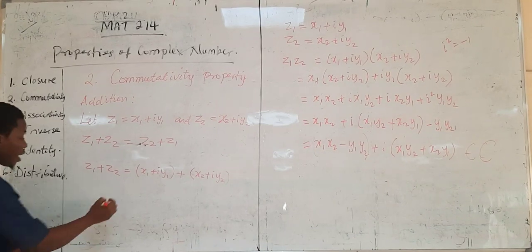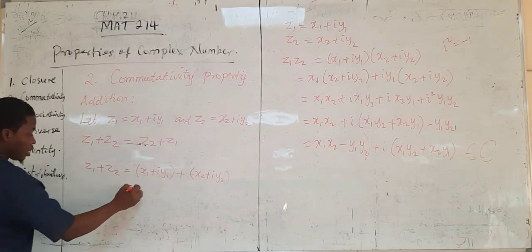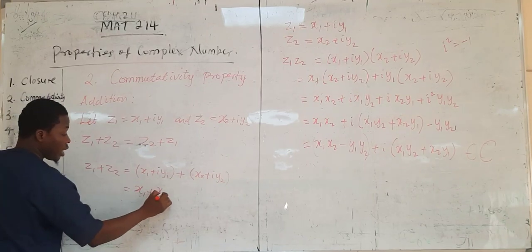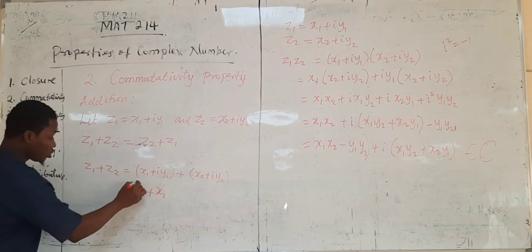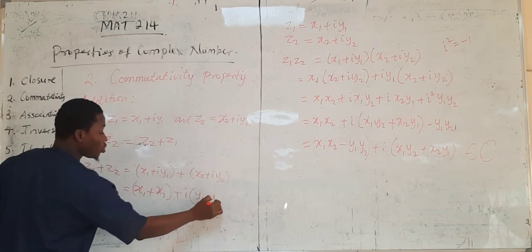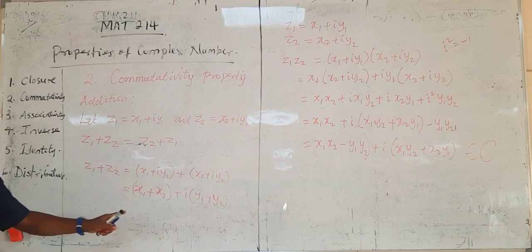So this is equal to x1 plus x2 plus i(y1 plus y2). This is what we have, right?